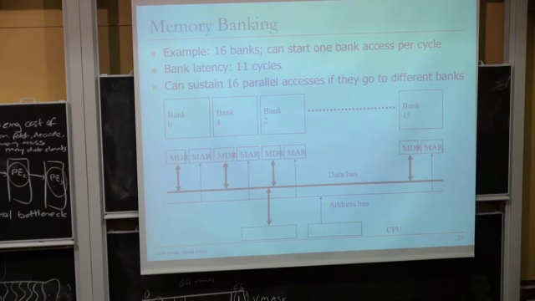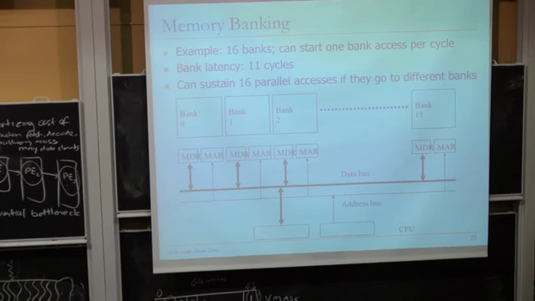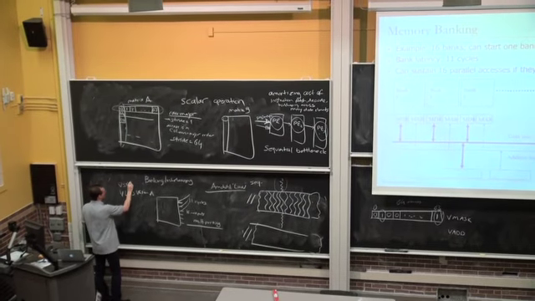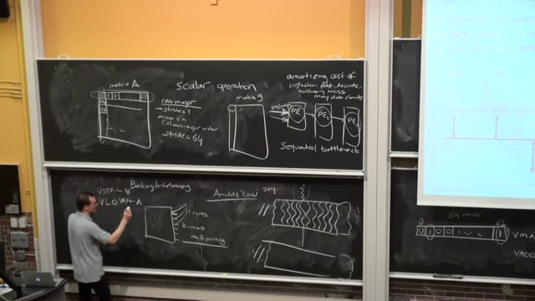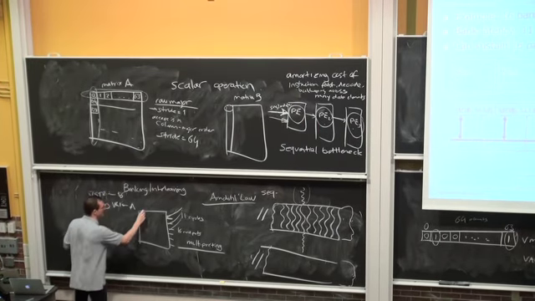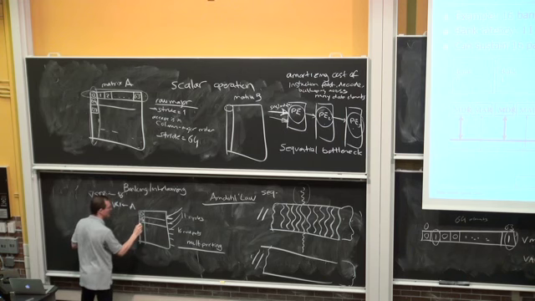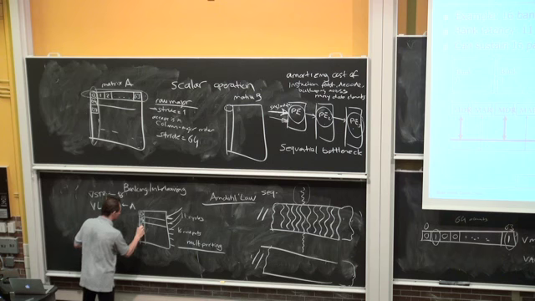You want to load from address A into vector register 1, let's say. And your stride is, somebody set your stride to 16, because it so happens that the vector's elements are 16 words apart from each other in memory.